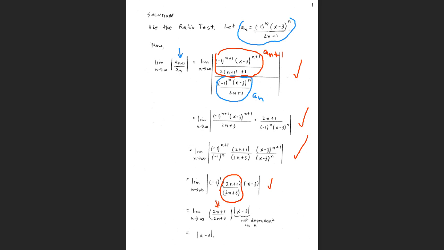But what's the limit of 2n plus 1 over 2n plus 3 if we let n go to infinity?